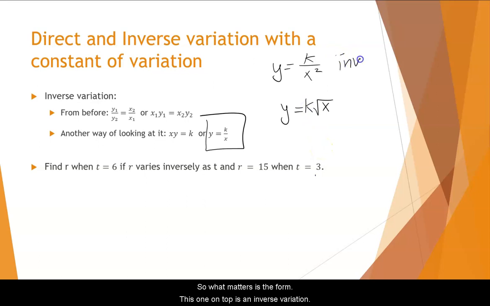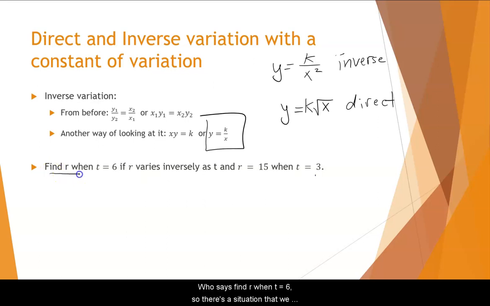This one on top is an inverse variation, and this one down here is a direct variation. In the second case, y varies directly as the square root of x. And in the first case, y varies inversely as the square of x. So it's not limited to just y equals k divided by x, but that's the general form, where we're dividing by the independent variable.